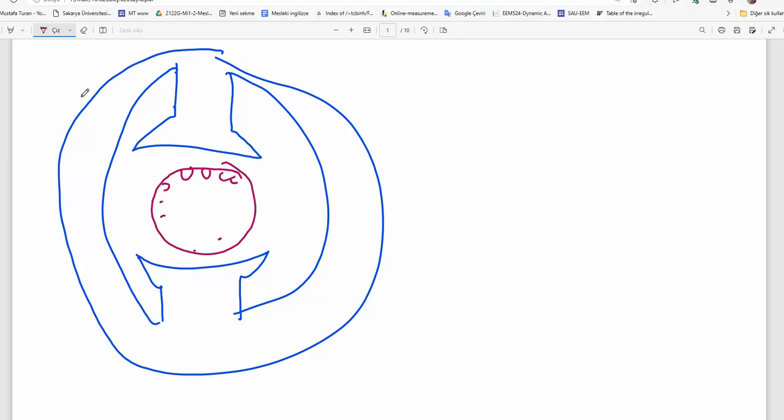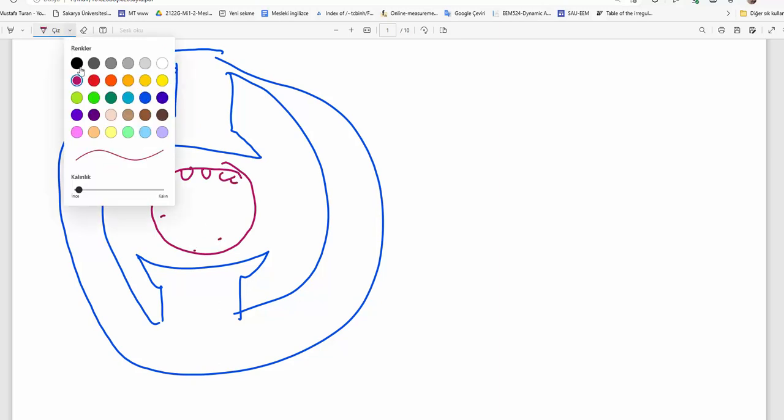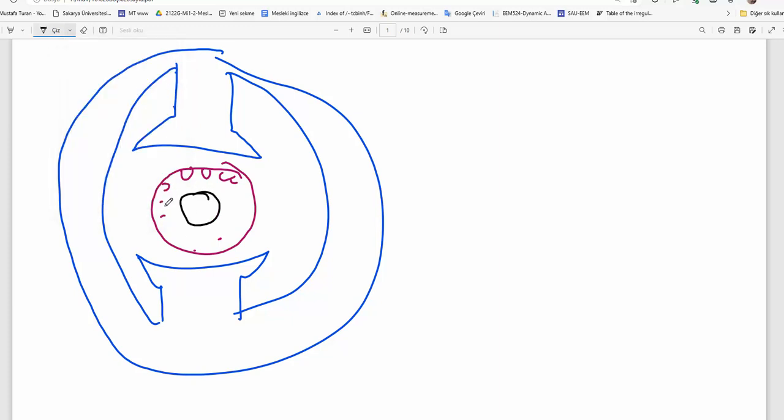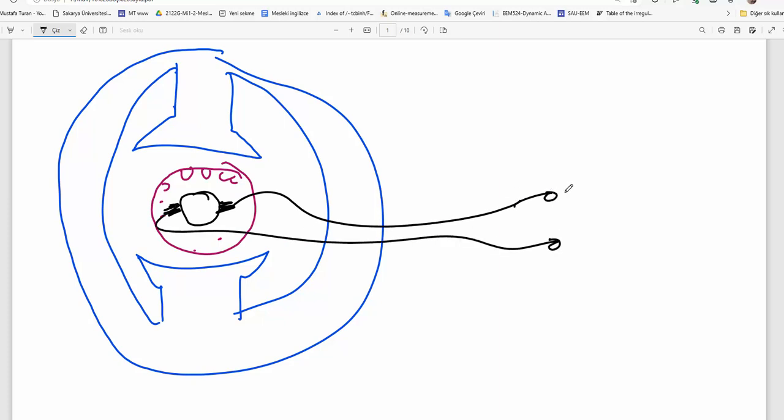There are armature windings, and here is the commutator. There are brushes touching the commutator. Those are the armature terminals, let's say A1 and A2.